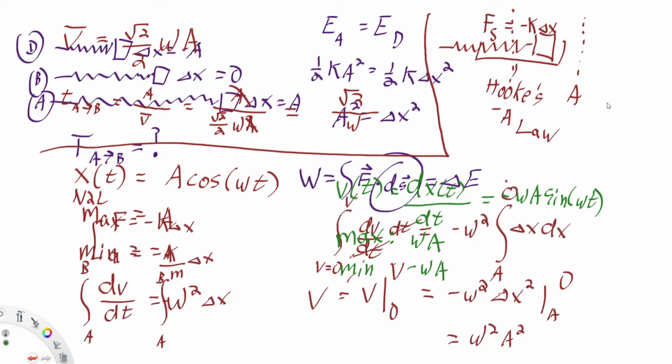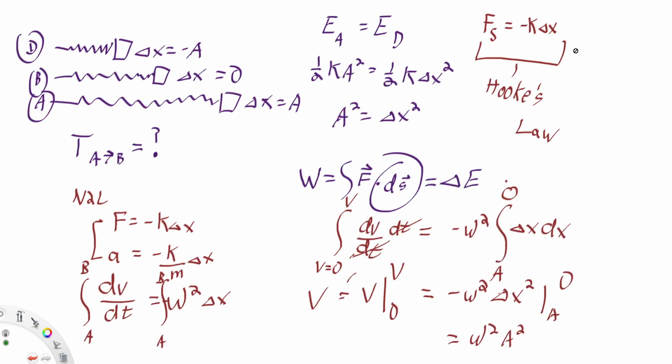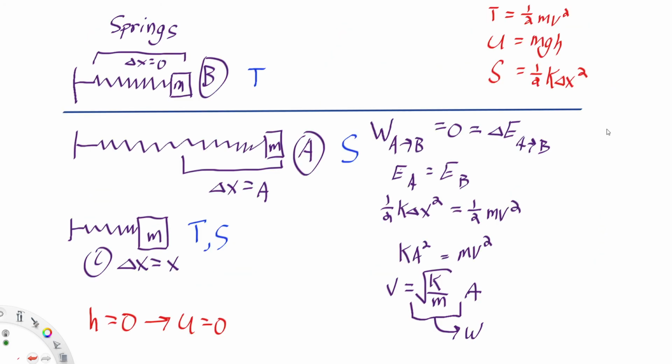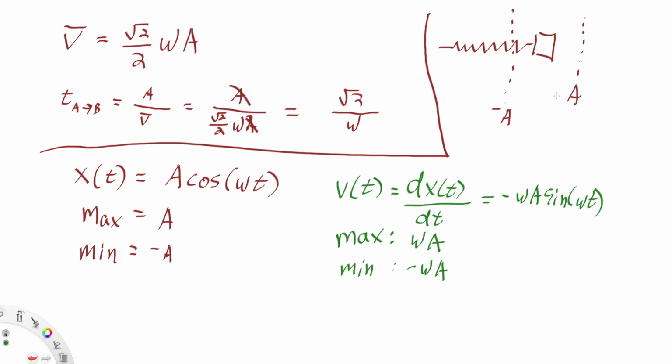If we go back, did we derive that bit yet? We did. On the very first page, the velocity's maximum is square root of k over m times A. We called square root of k over m omega. So yeah, that checks out. The maximum velocity is in fact omega A, and that's what this function gives us.